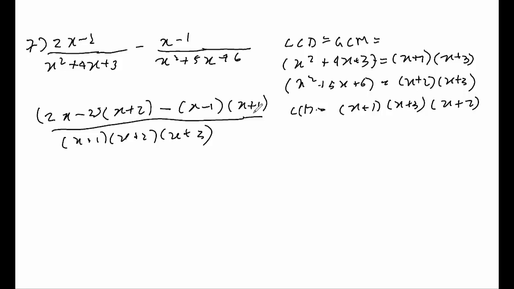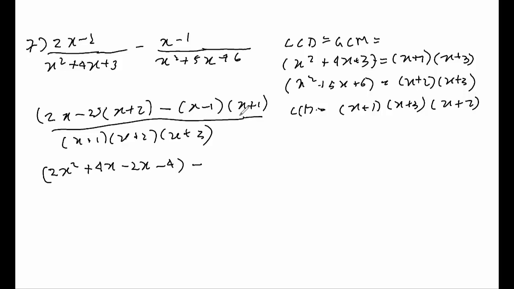So here we have 2x squared plus 4x minus 2x minus 4, and then minus, and I'll just expand it all out.